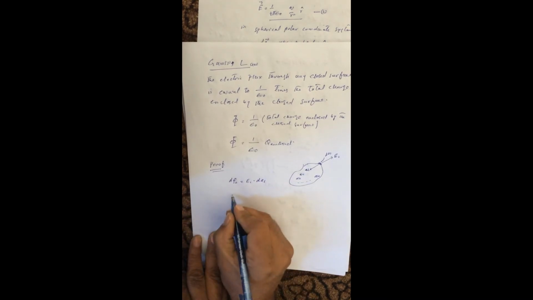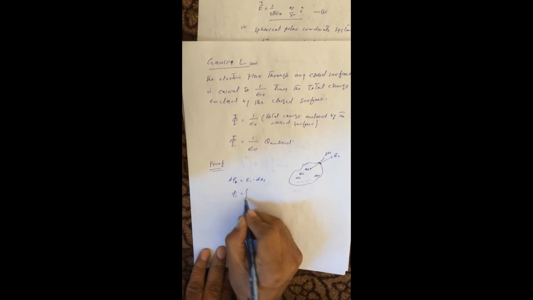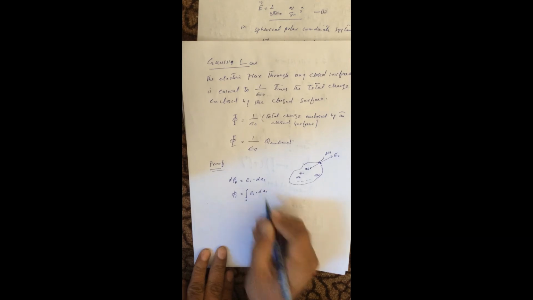If I integrate this, I will get phi 1 on this side, and on this side we have the surface integral E1 dot dA1.